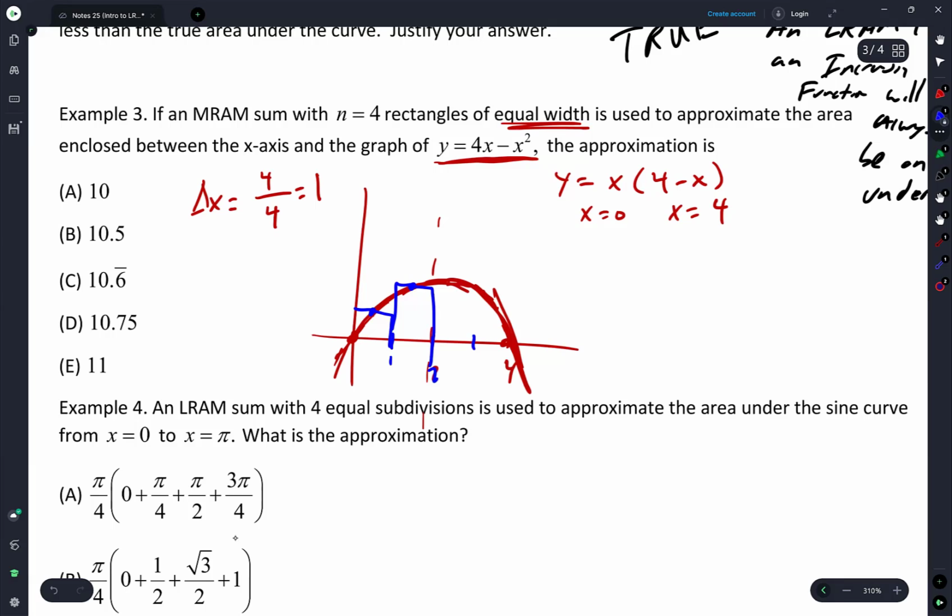Middle between 2 and 3? 2.5. It should be symmetric, so it should be the same, but mine doesn't look the same. Between 3 and 4. Okay, I didn't draw mine perfect, guys, but it should be symmetric. I'll label them in a little bit so I can tell you.